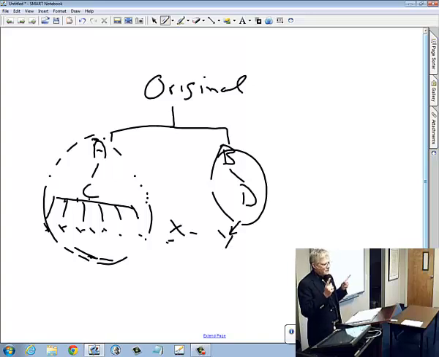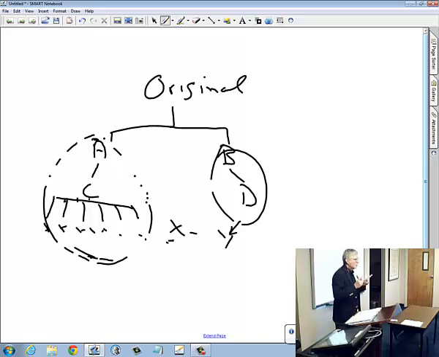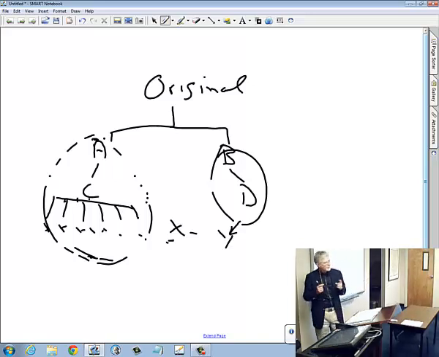That's the assumption. I said the genealogical method is based upon one assumption. Community of reading suggests community of origin.